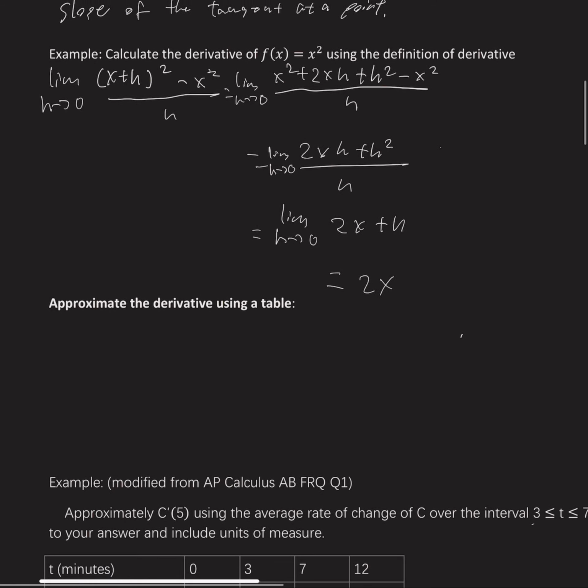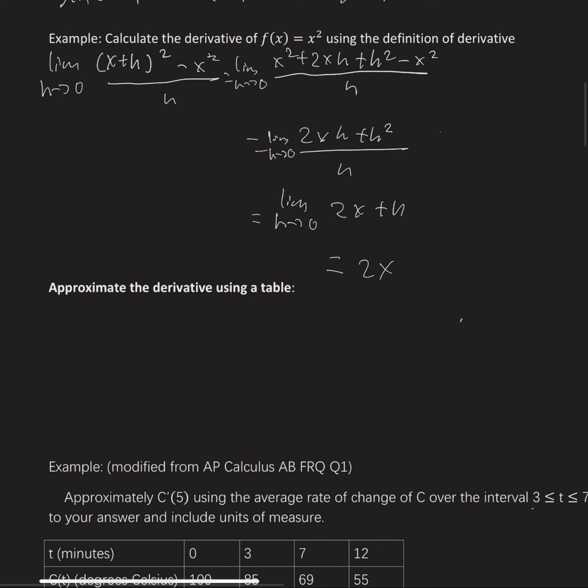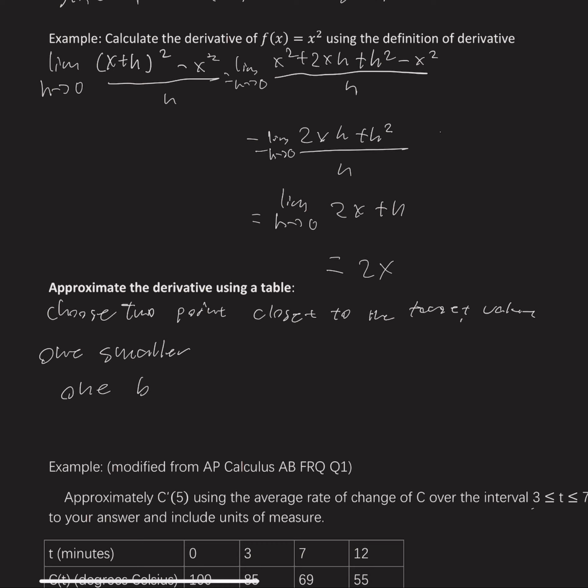And now let's approximate the derivative using a table. What we're going to do is choose two points closest to the target value. One is smaller than your target value, and one is a little bit bigger.